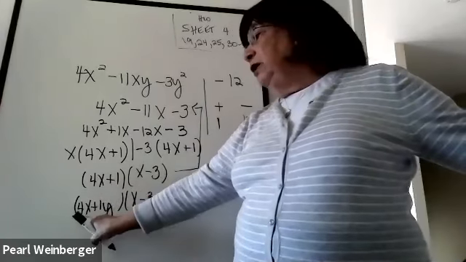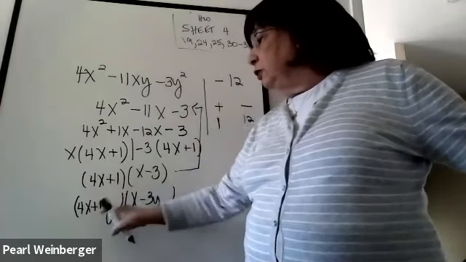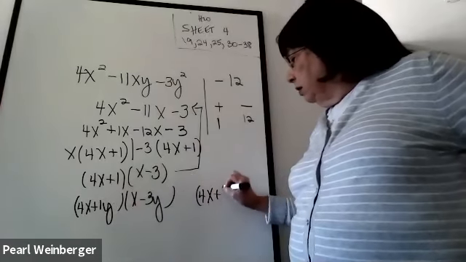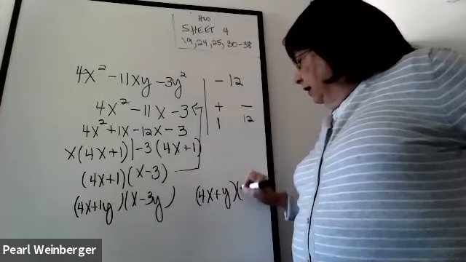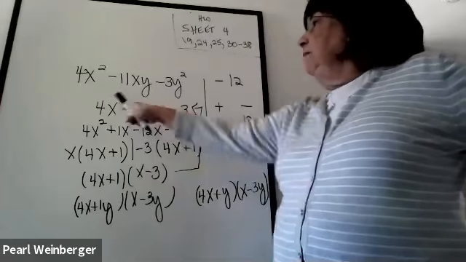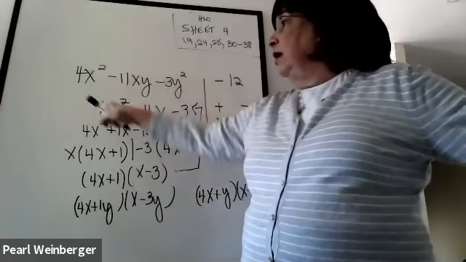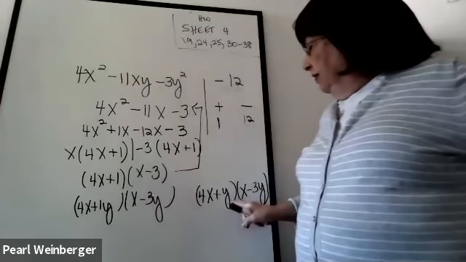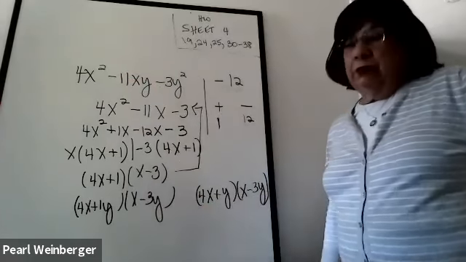Now actually, we usually don't write 4x plus 1y. We usually write it 4x plus y and x minus 3y. In other words, I do this simpler looking expression, and by just sticking the y's in at the end, it gives me the correct answer.